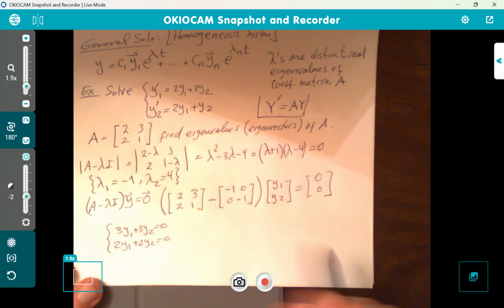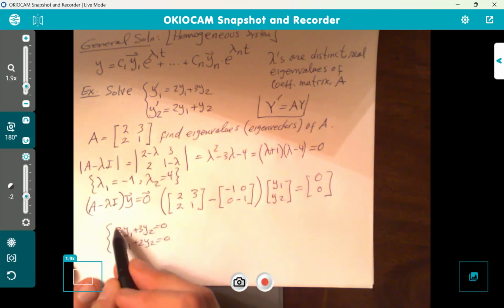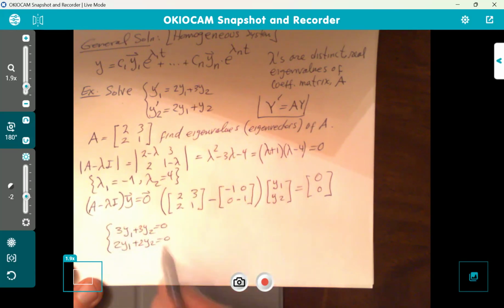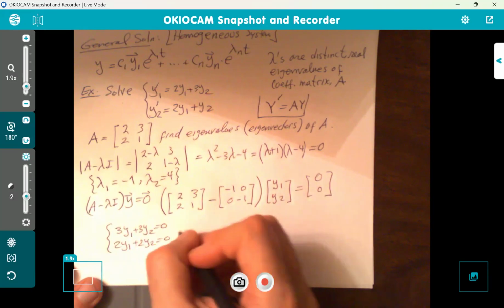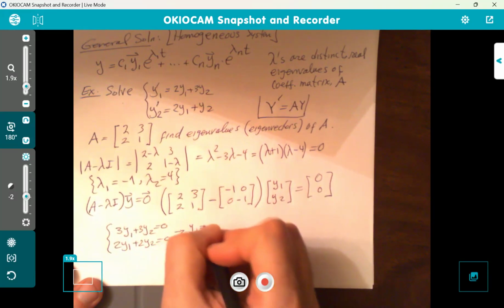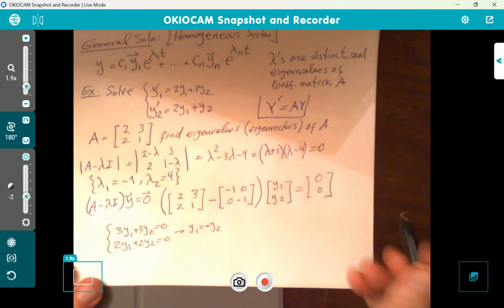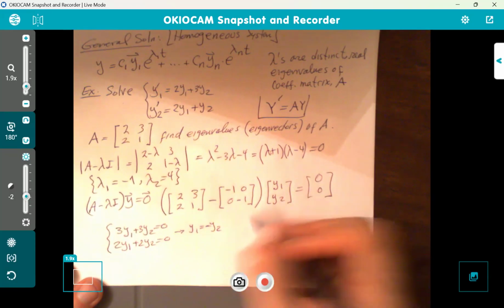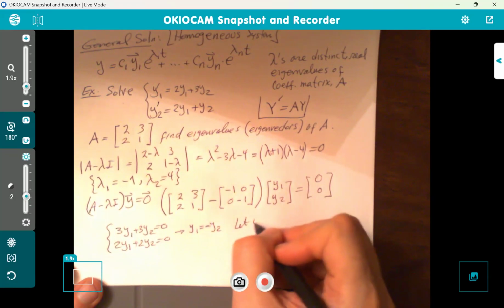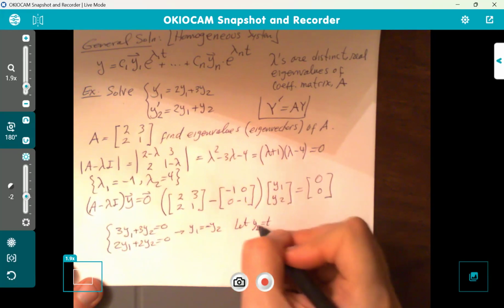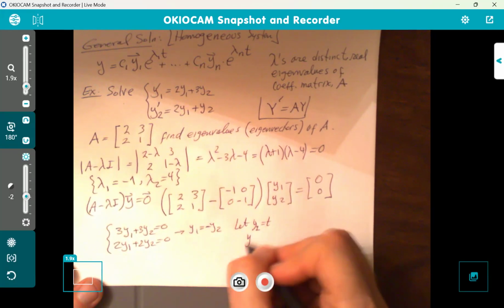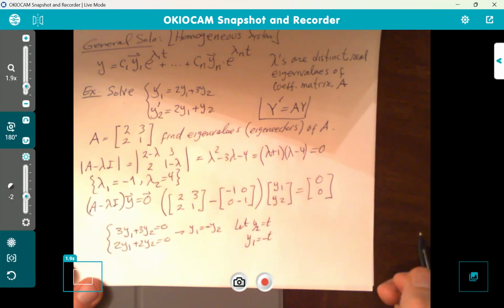From this, for the first equation divide everything by 3, the second divide everything by 2. However you do it, we get y1 equals negative y2. So y2 becomes our free variable. We're going to let y2 be t, and therefore y1 is negative t.